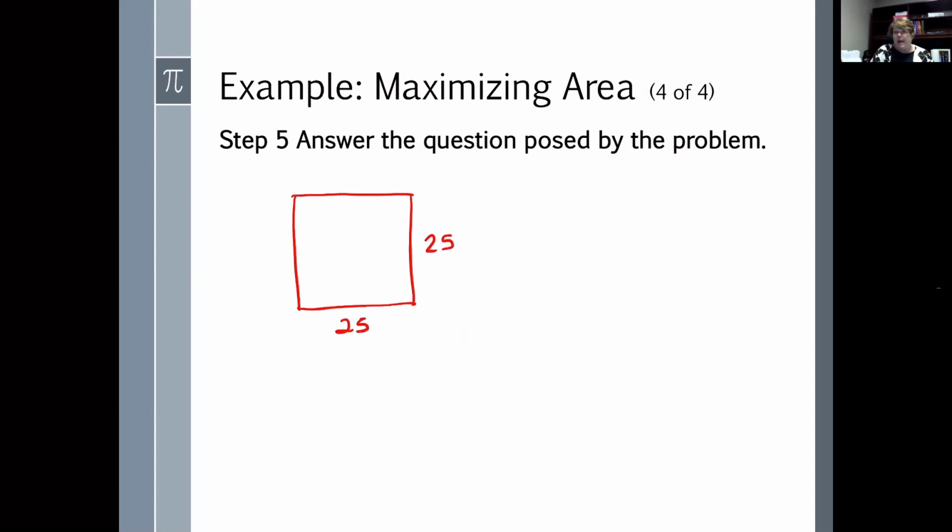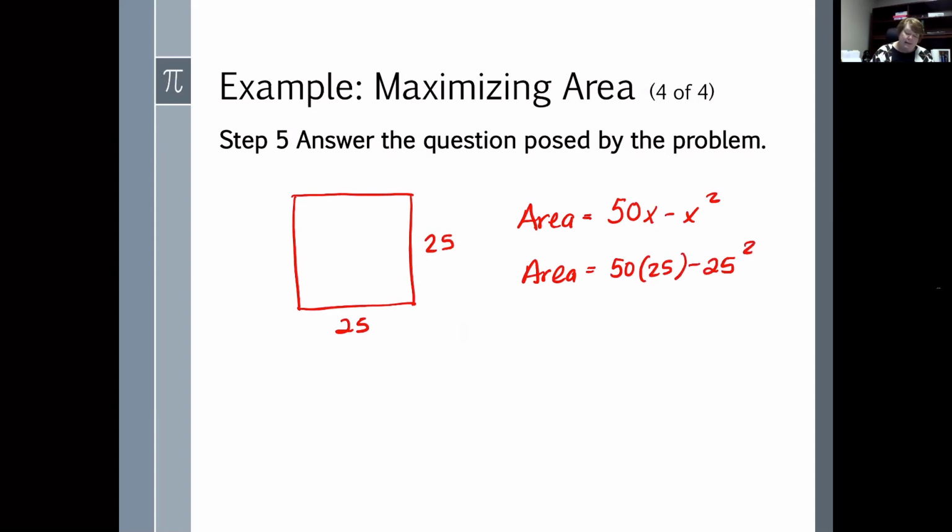Okay, so what is the maximum area? Well, you could evaluate the function at 25, or you could multiply 25 by 25. And what do you get?